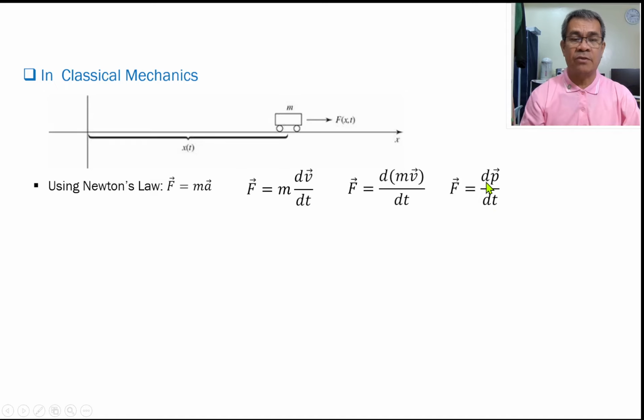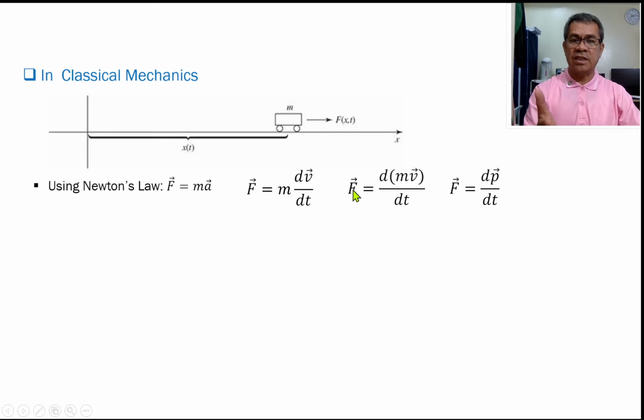For every change in momentum, and remember, momentum carries velocity, if it is traveling with a changing velocity, then you have a changing momentum. So these are the variations of the second law, and we can always use this to describe the motion of a particle in classical mechanics.